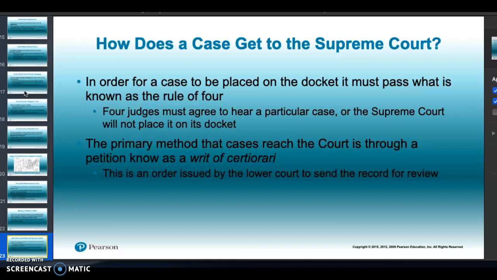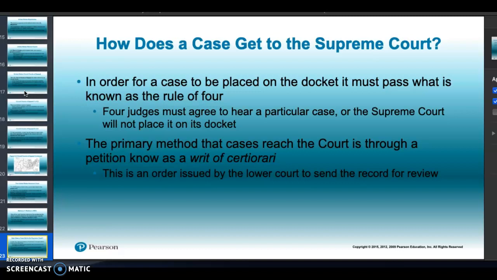So how does a case get to the Supreme Court? Well, you could go all the way through from the trial courts or the circuit courts, and then you could go all the way up and attempt to get on the docket.